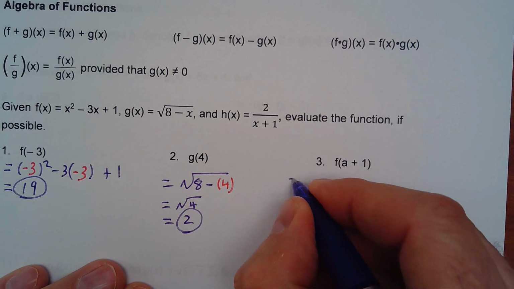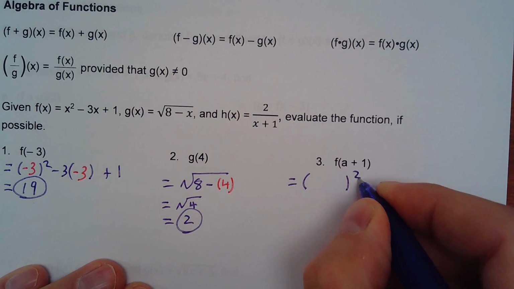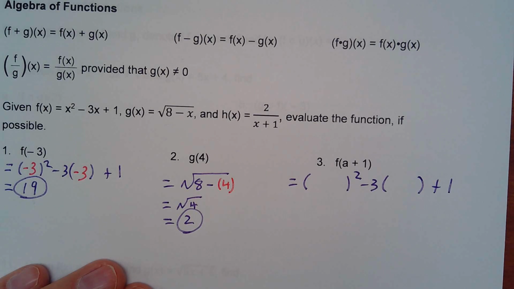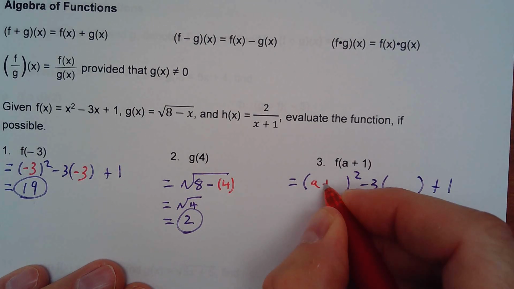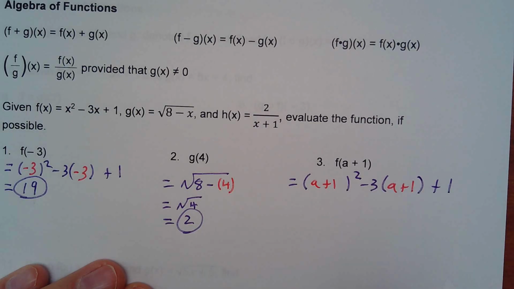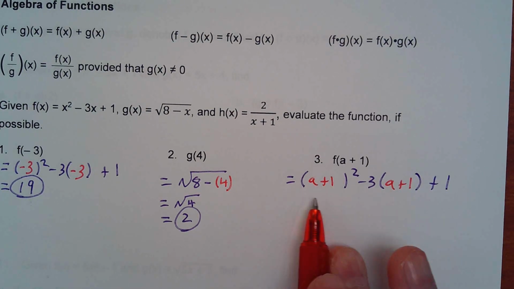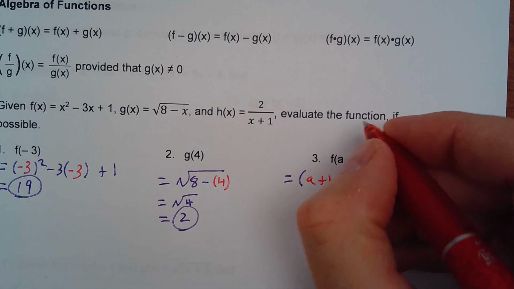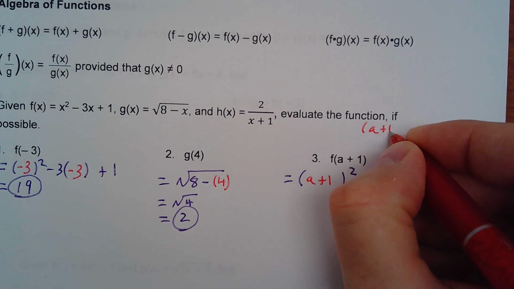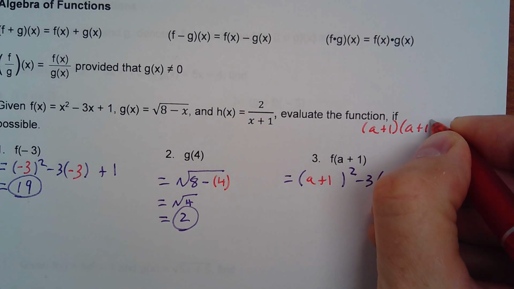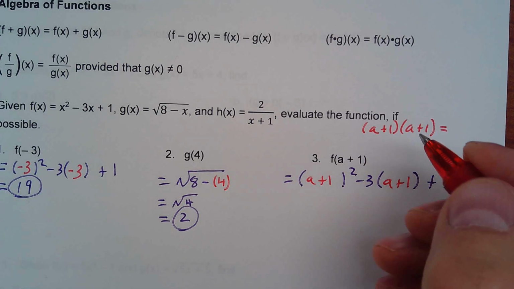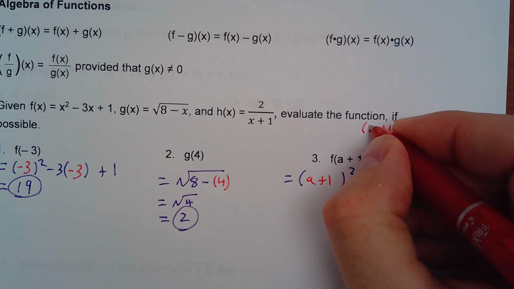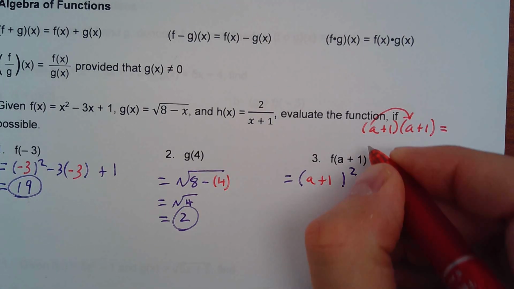So again, I'm going to write this out. And then I'm going to plug in this a plus 1. And we've seen this before. We have to be very careful here with this a plus 1 squared. I need to go through and FOIL that out. So I'm just going to write it up here. So I'm going to FOIL. A times a is a squared.